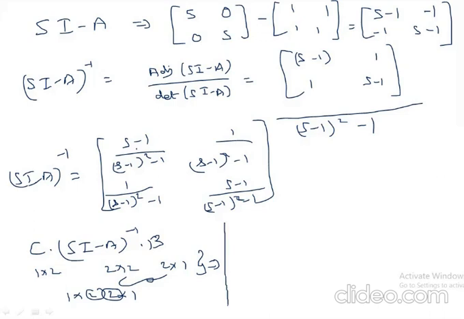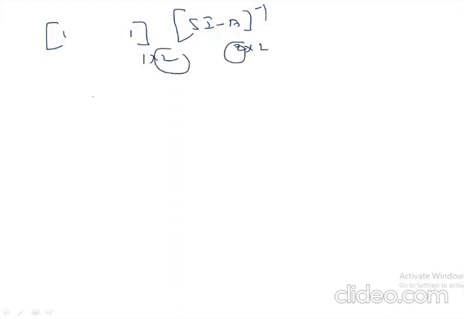If you do simple mathematics, let me write here. First you multiply C, which is [1 1], with the matrix (sI minus A) whole inverse. This is 1 by 2 and this is 2 by 2, so finally you will get a 1 by 2 matrix, a single row and 2 columns.